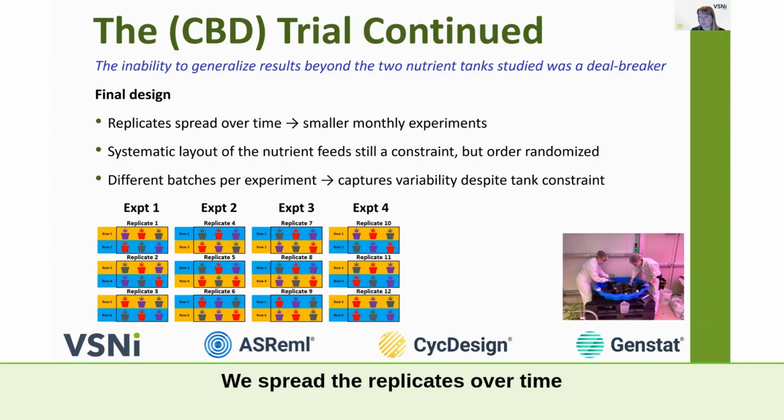We spread the replicates over time and did smaller monthly experiments. We had to keep the systematic feed layout, but we did randomize the order. So what nutrient was in the first row, we randomized. And we also used different batches each month to capture the variability in batches despite the tank constraints that we had.